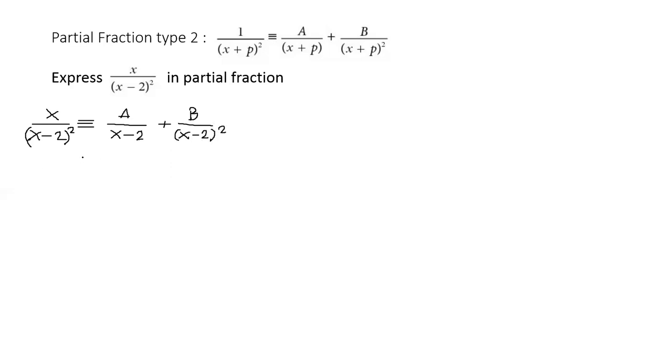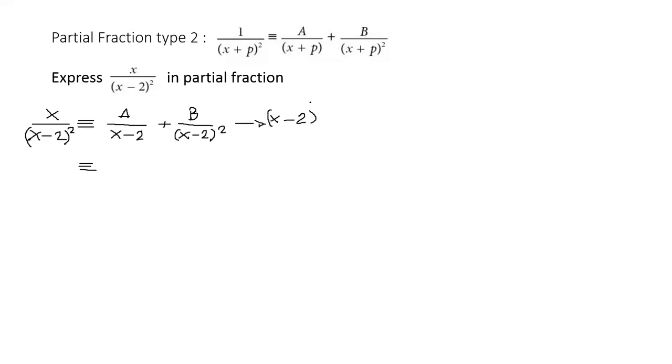Now it becomes a times (x minus 2). We have to multiply by (x minus 2) squared.